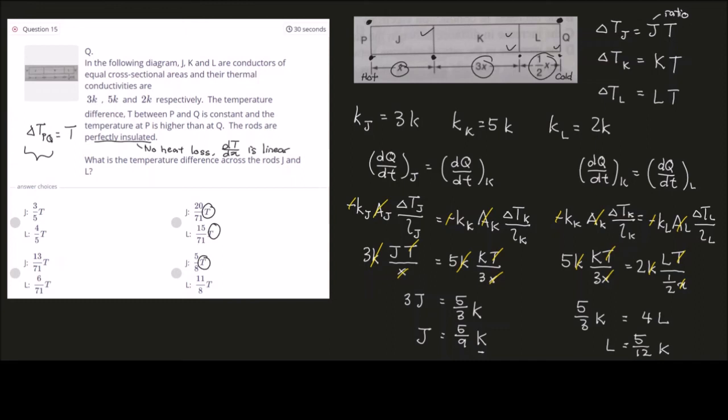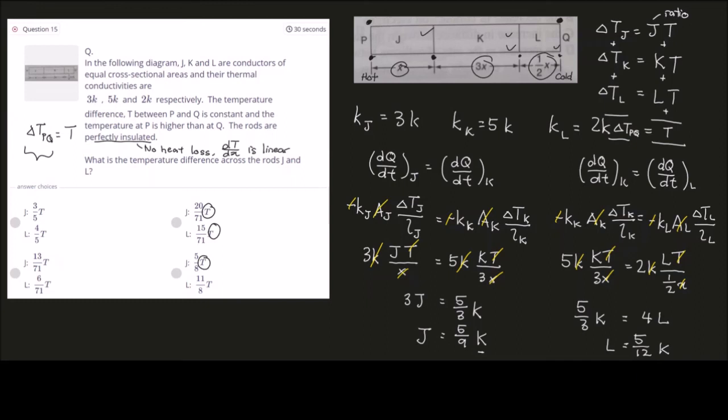We should acknowledge that JT plus KT plus LT should actually equal T, because the difference in temperature for rod J plus the difference in temperature for rod K plus the difference in temperature of rod L, you add them all up, and what comes out should be the total change for PQ. So the total change for PQ is equal to T.